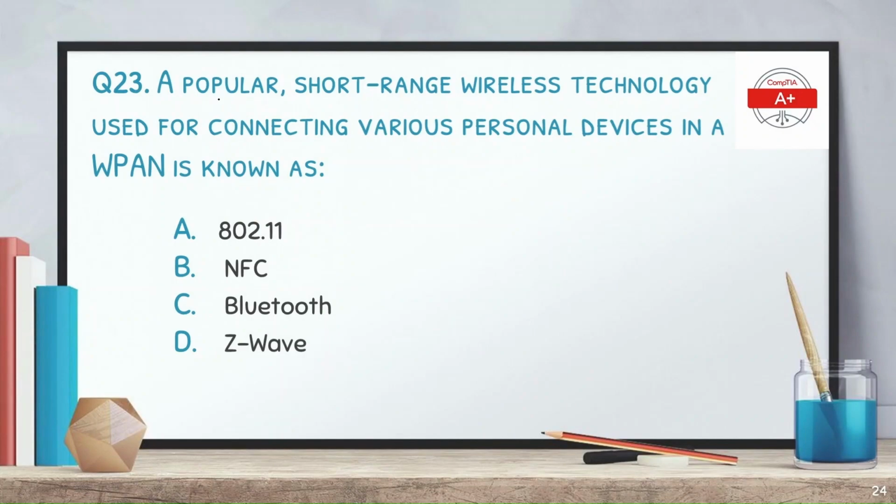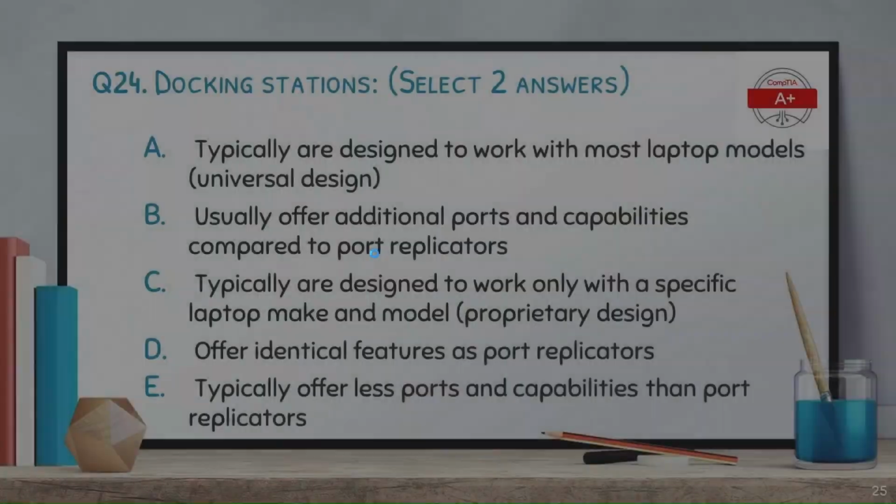Question number 23 is that a popular short-range wireless technology used for connecting various personal devices in a WPAN or wireless personal area network is known as, and the options are A, 802.11, B, NFC, C, Bluetooth, and D, Z-Wave. And the correct option is again Bluetooth. So Bluetooth is the WPAN or wireless personal area network.